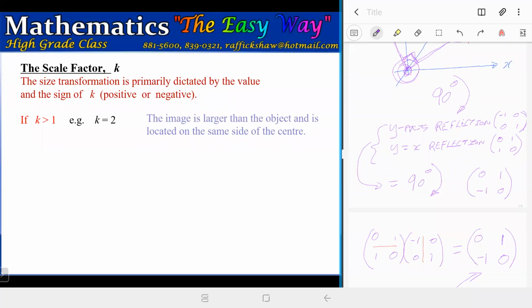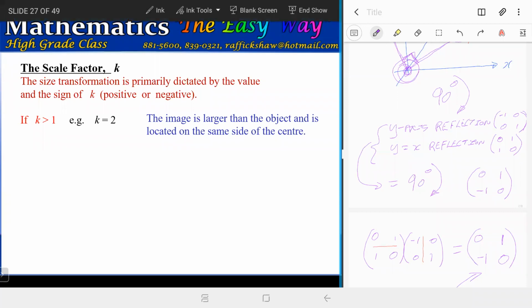So let's look at that. The image is larger than the object because the 2 makes it twice as large, and it is located on the same side of the center. This is what happens when the scale factor is positive: the image and the object point in the same direction.